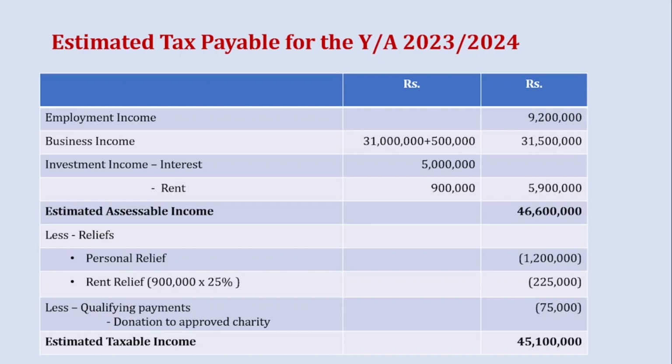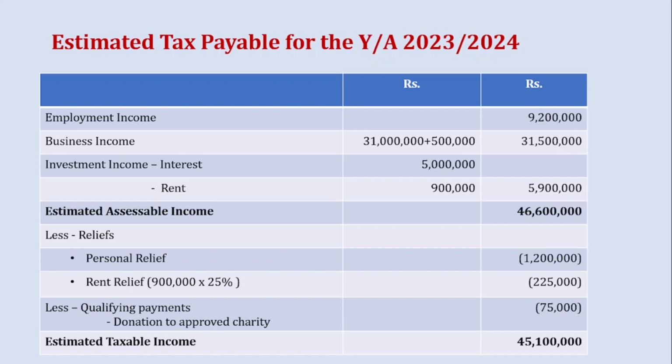Personal relief for the year of assessment is 1.2 million, and since she has rent income, she can deduct 25% as a rent relief, or she can deduct the estimated expenses she is going to incur for repair and maintenance. She can deduct either the actual repair and maintenance expenditure or 25%.